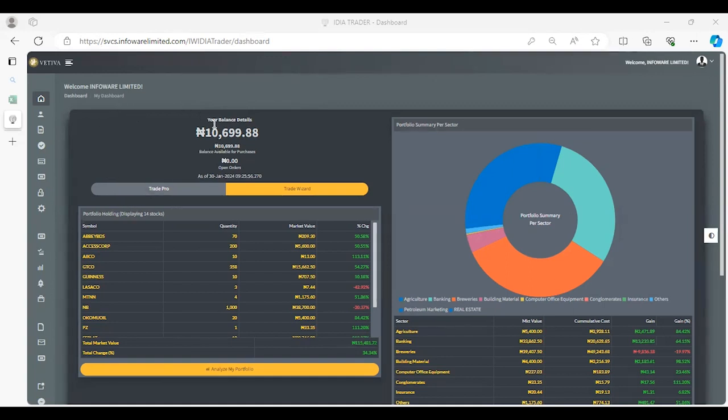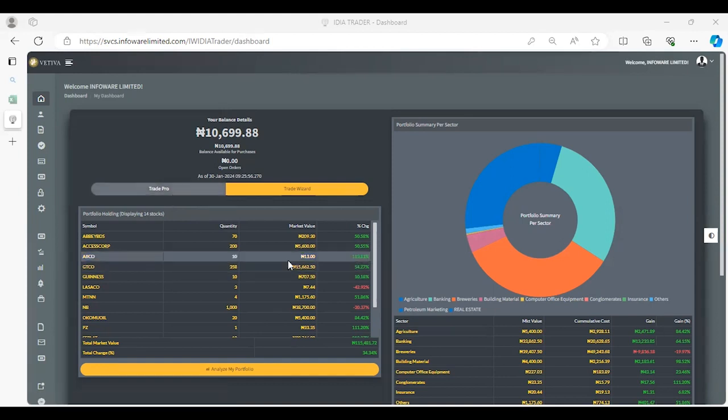First of all, IDIA Trader gives you your stats, your cash balance, and what is available for you to trade. Then you have an option of either trading as a pro or using the wizard metaphor. So whether you're a beginner, an intermediate, or an advanced trader, IDIA Trader has got you covered.